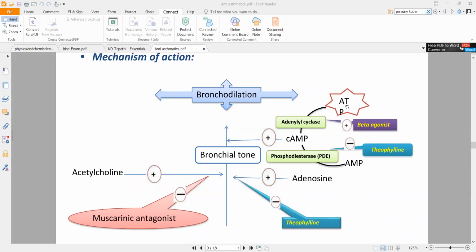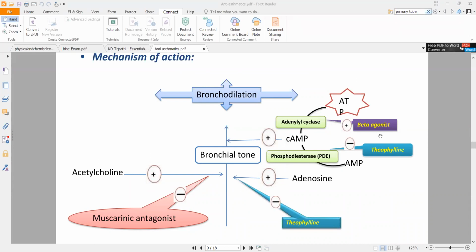Whenever there is ATP in your smooth muscle, it is converted through adenyl cyclase into cAMP, and cAMP will eventually disintegrate into adenosine monophosphate, AMP, through PDEs. What I want to do is increase the amount of adenyl cyclase, and decrease the amount of phosphodiesterase, or PDE.